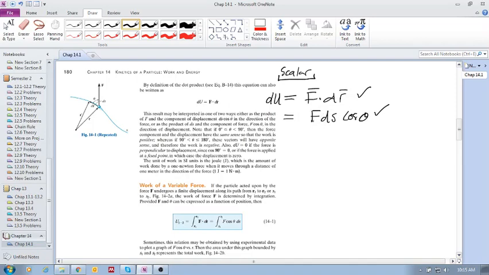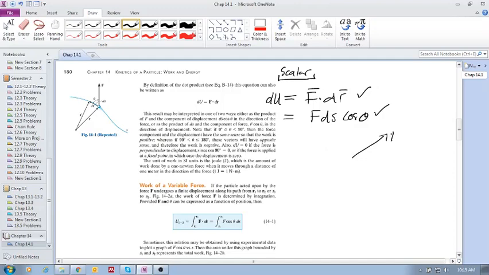So what is this telling us? It is telling us that the work is only equal to the component of the force that's in the direction of the displacement, or it's the component of the displacement in the direction of the force. So that's what you need to take note of.